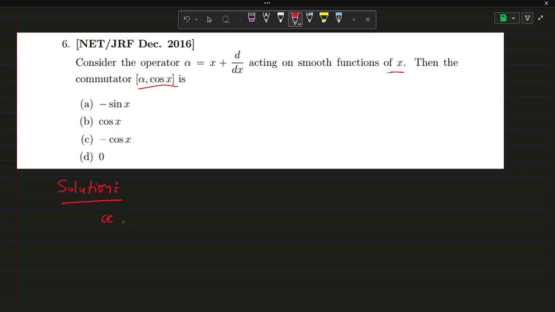So the commutator of alpha with cos x is equal to x plus d upon dx, with cos x.